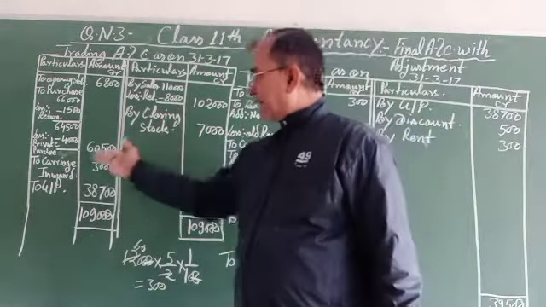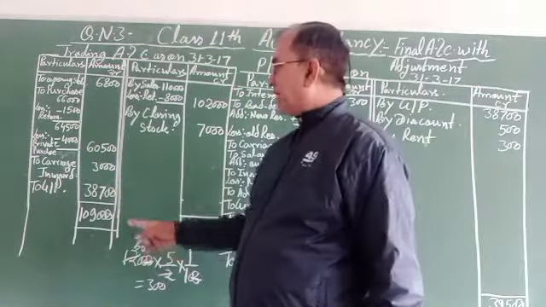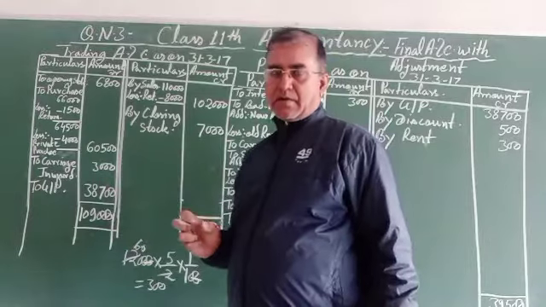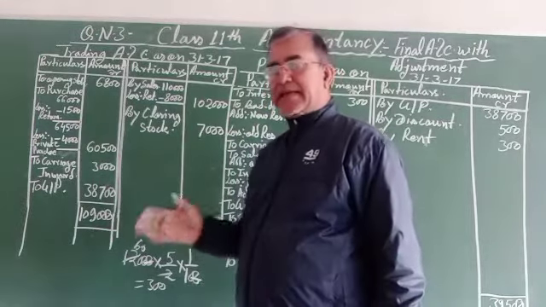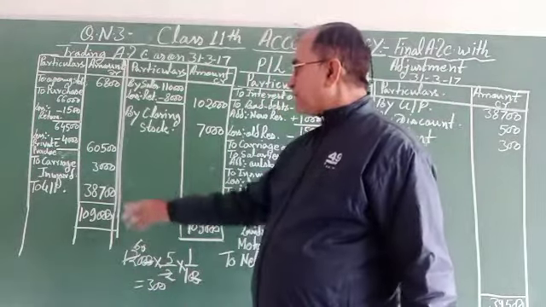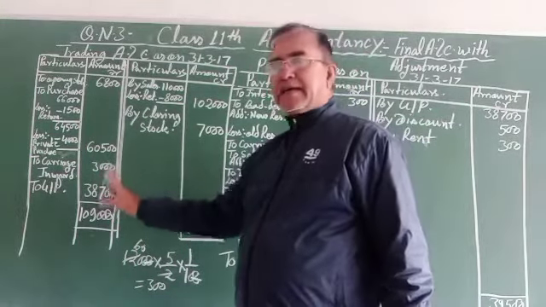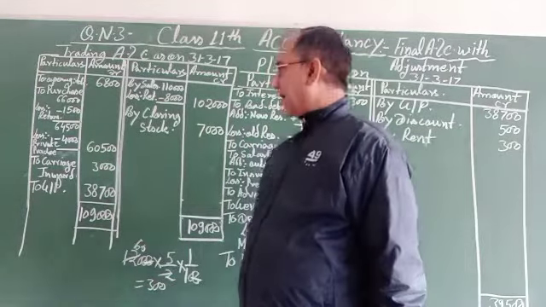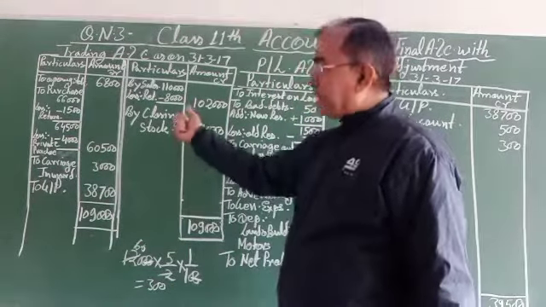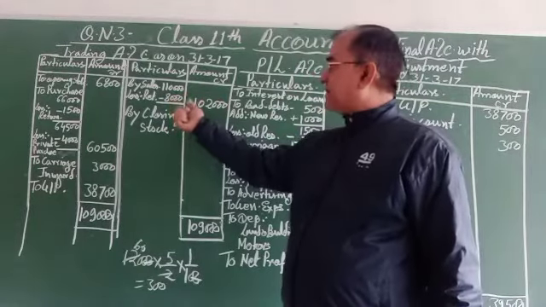And then direct expenses, only one direct expense given in the trial balance, carriage inward. Because this expense is involved in purchasing of the goods, that's why this one is the direct expense and recorded in the debit column of the trading account. And now see here, in credit column, sales, that is given.